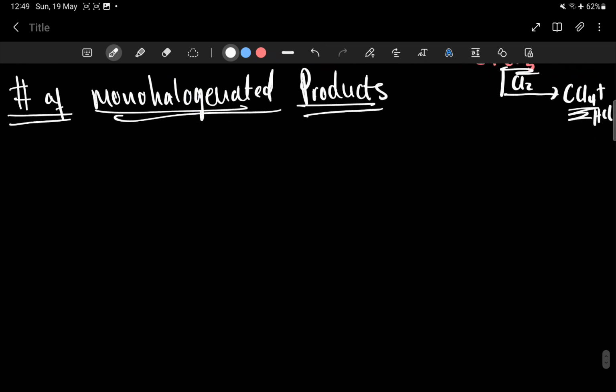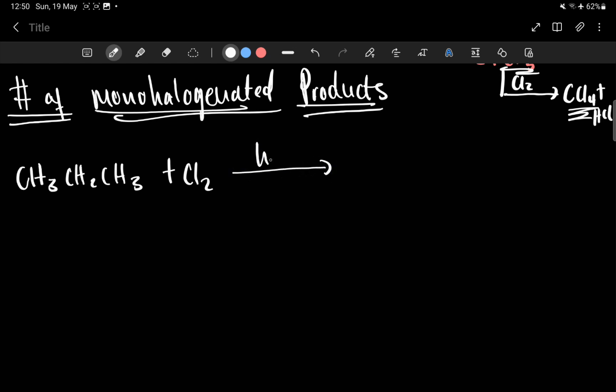Let's say now you have something like this: CH3, then CH2, then CH3. This is propane. Let's say it reacts with chlorine to form monohalogenated products, which means only one chlorine will attach to a molecule.